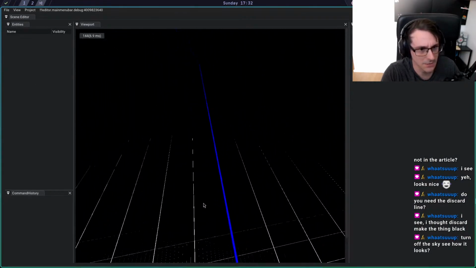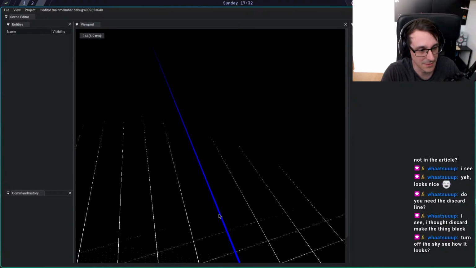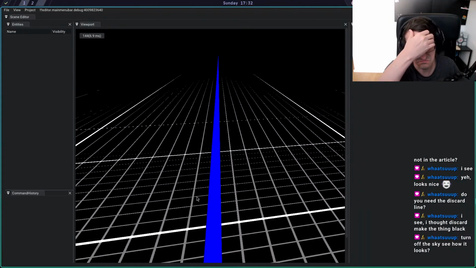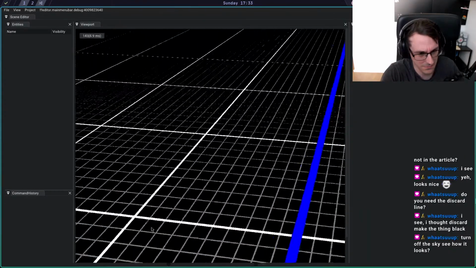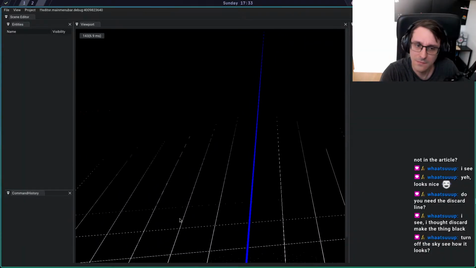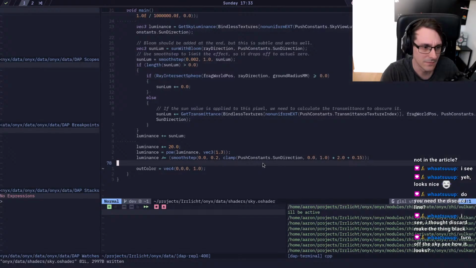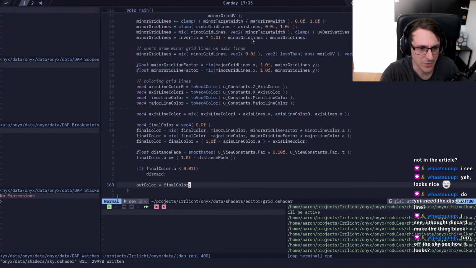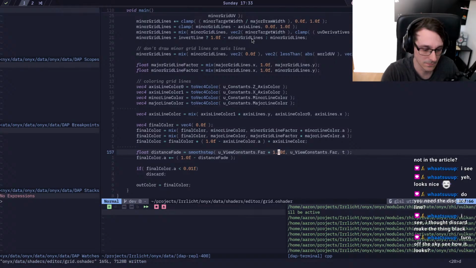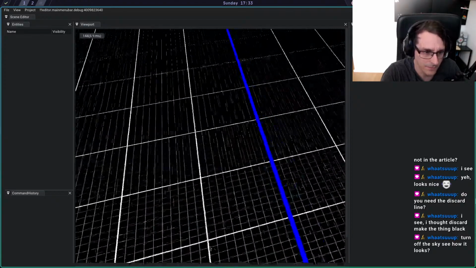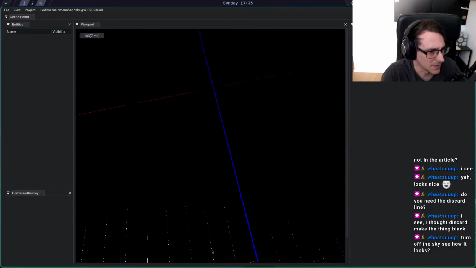Why does it look like that? That's interesting. Is it maybe... No, I'm not quite sure why that looks like that now. I'm not sure why the lines fade like that.